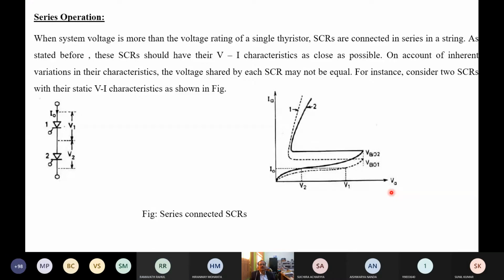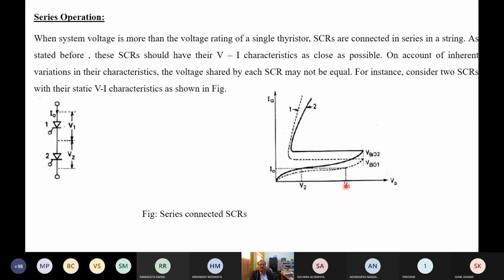So here, two SCRs are connected in series. Okay. You can see that the VI characteristics are not identical. For the same leakage current I0, the voltage blocked by thyristor 2 is V2 and the voltage blocked by thyristor 1 is V1.